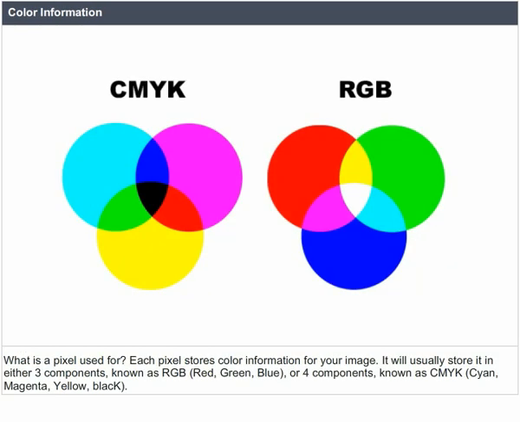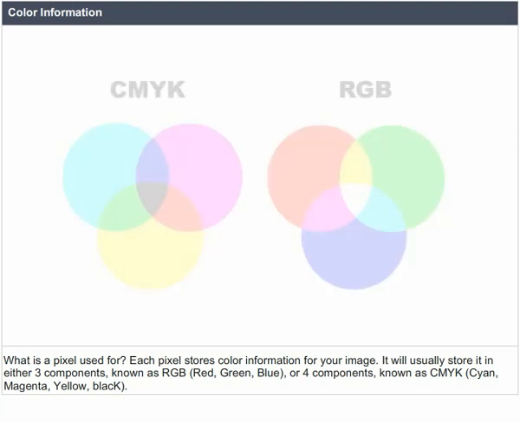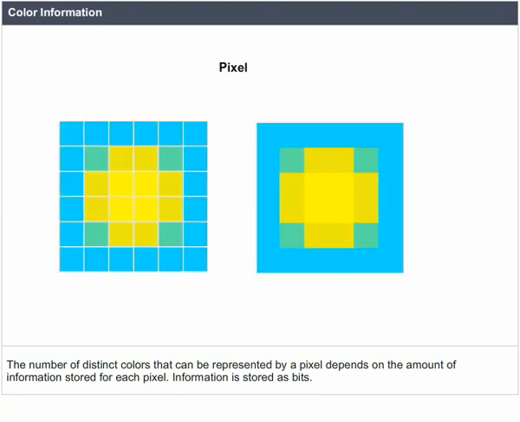Color information. What is a pixel used for? Each pixel stores color information for your image. It'll usually store it in either 3 components known as RGB, red, green, blue, or 4 components known as CMYK, cyan, magenta, yellow, black. The number of distinct colors that can be represented by a pixel depends on the amount of information stored for each pixel.